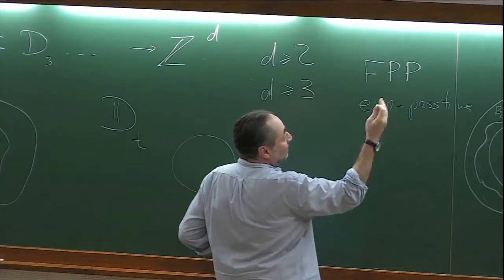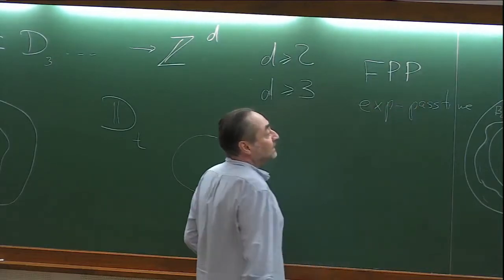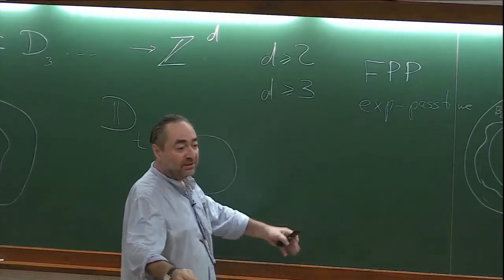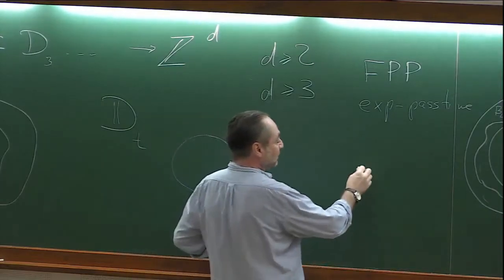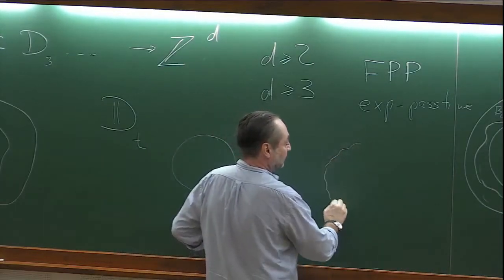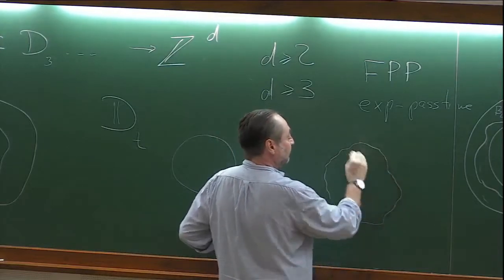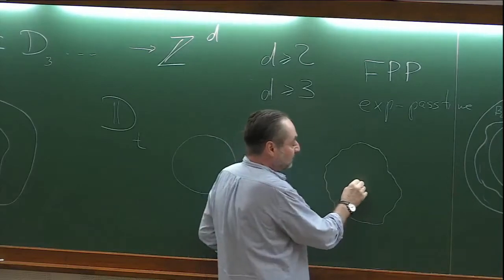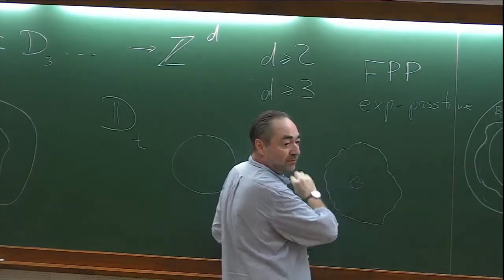So now we know that you have the shape theorem, so the set evolves very nicely. We can say something about fluctuations. So this FPP set is moving linearly. But the random walk, which stays here, is diffusive.